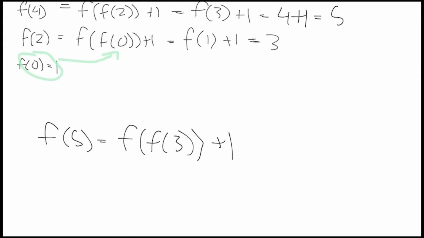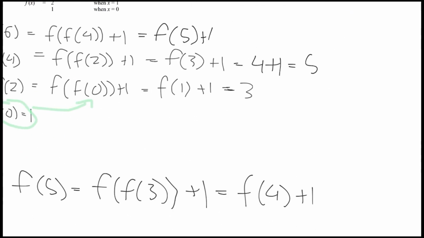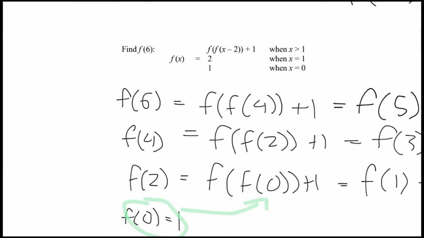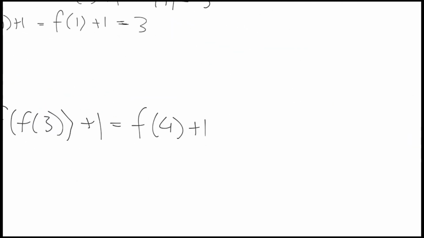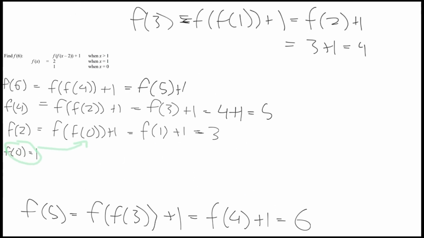And so this is simply f of 4 plus 1. Now, once again, we've also solved for f of 4, and we know that it's 5 right there. So this, in fact, just equals 6. And so knowing that f of 5 is simply 6, we can plug that value back in. We get 6 plus 1, and the final answer here is 7.